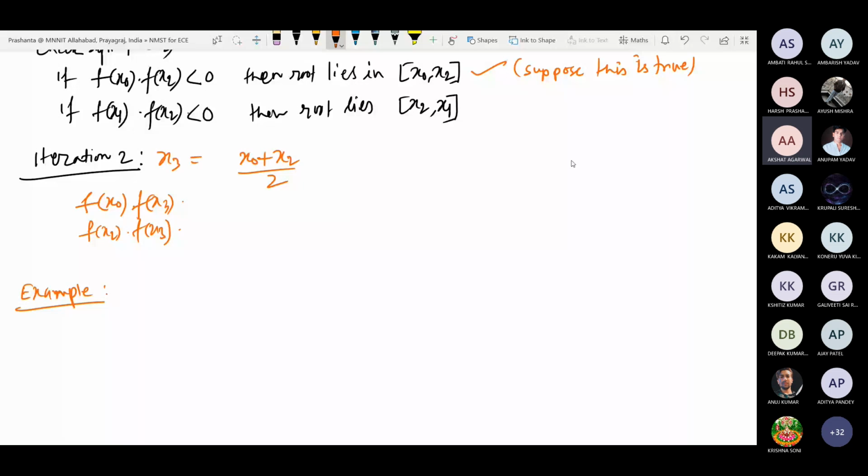Here I will give you a cubic equation, x cube minus 2x minus 5 equals 0. Find a root of this equation in the interval 2 to 3. First you check the value of f of 2. What is f of 2?